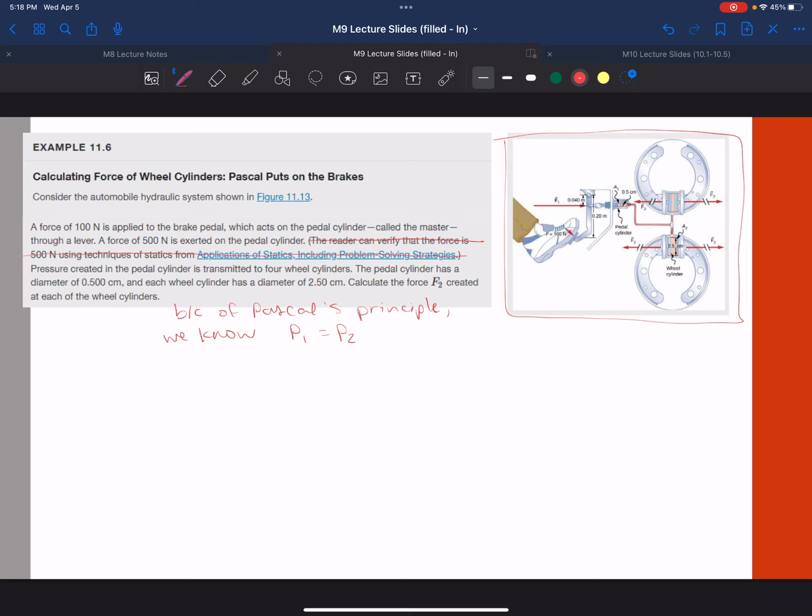So it's going to be exerted undiminished to all parts of this system. So then we would consider, in this case, the 1 to be the first part the pressure is applied to, which is the pedal cylinder. And then the 2 is going to be whatever the pedal cylinder attaches to, which in our case are the wheel cylinders.